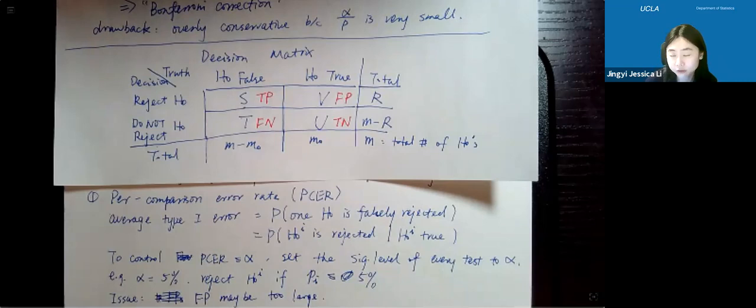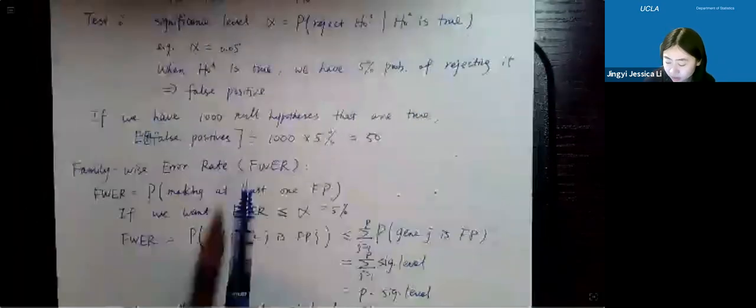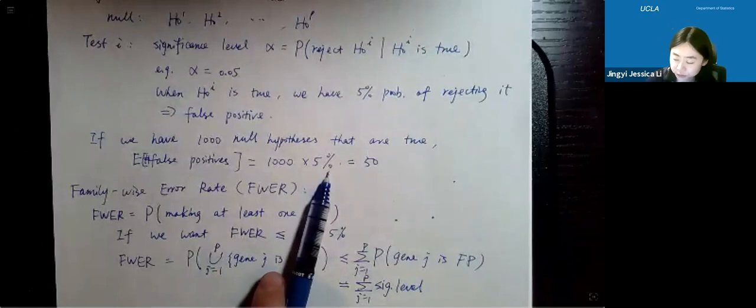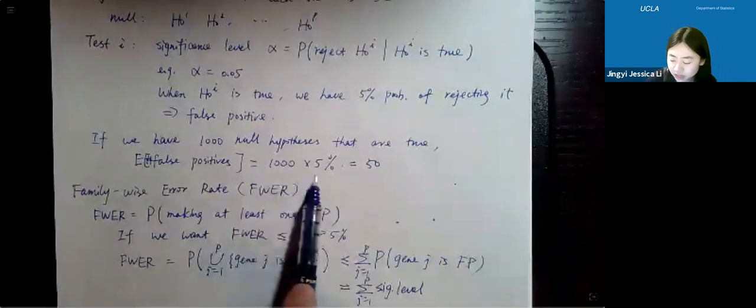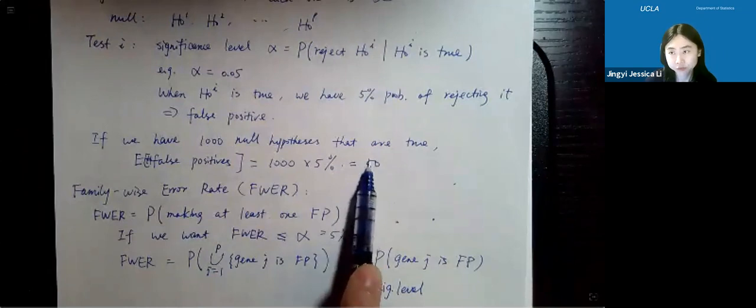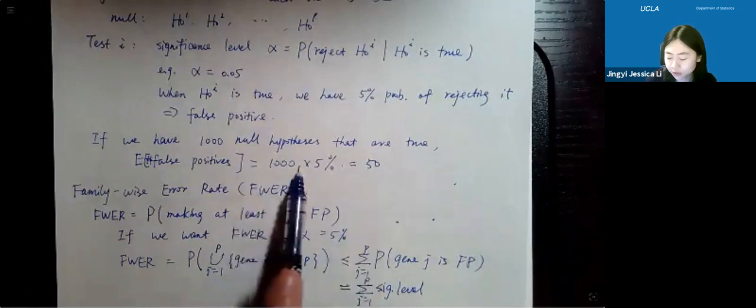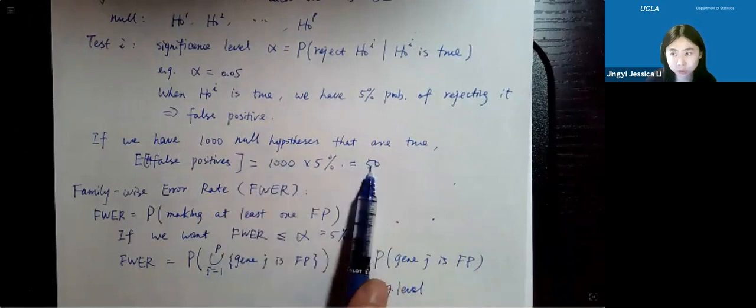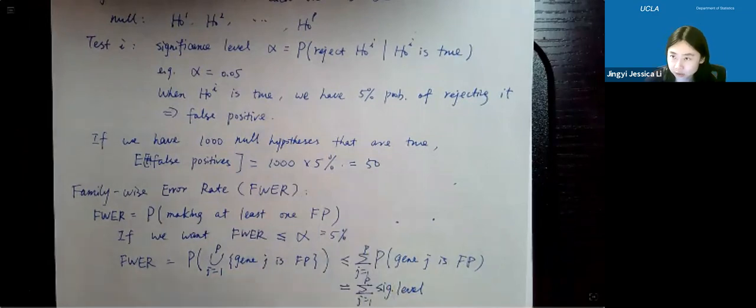For example, if we have 1,000 tests, that's the example we gave last time, and we have set a significance level or per comparison error rate to 5%, we would expect to have 50 false positives. So if all 1,000 null hypotheses are true, we will still expect 50 rejections, and they are all false positives. To a biologist, this is clearly undesirable.